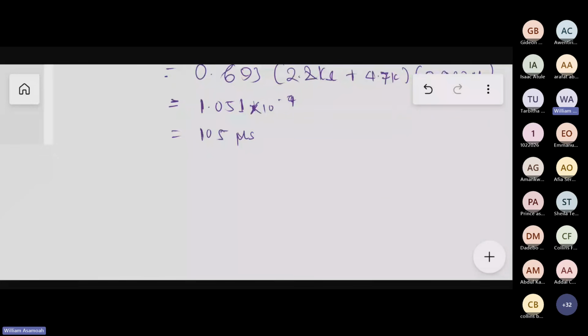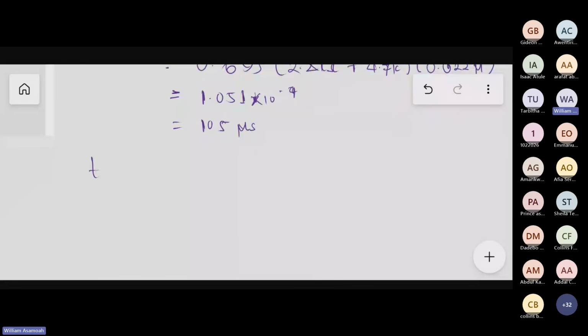Then we calculate T low. T low is going to be equal to 0.693 times R2 times C. I hope you understand where the 0.693 is coming from. The time constant of the capacitor times C external.